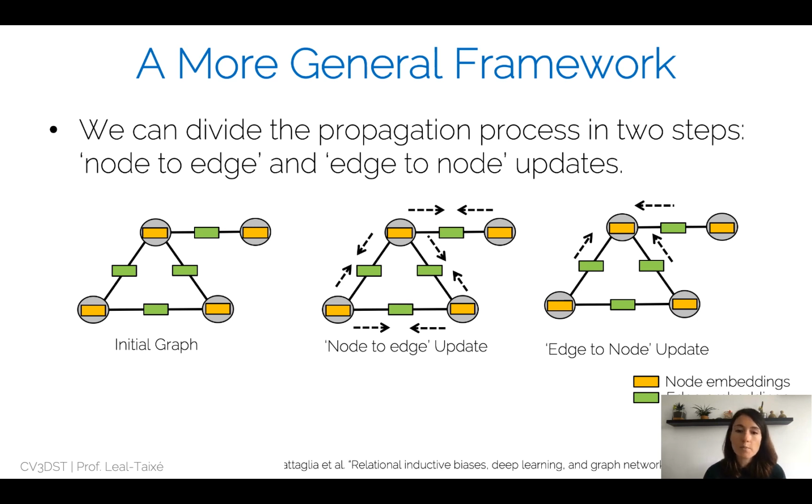The first step is a node-to-edge update, that is, the node communicates with the edges that it is connected to and passes along the information of the embedding. And in a second step, the edge contacts the nodes that it's connected to. So now we have basically divided this propagation process into 2 steps so that both node embeddings and edge embeddings are actually updated.